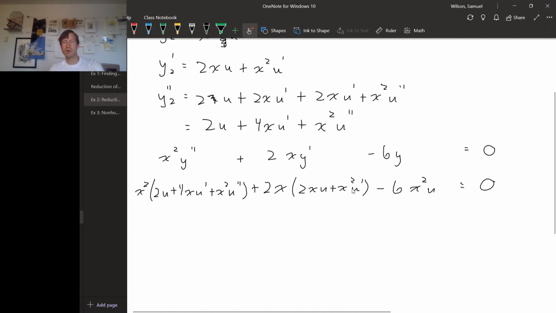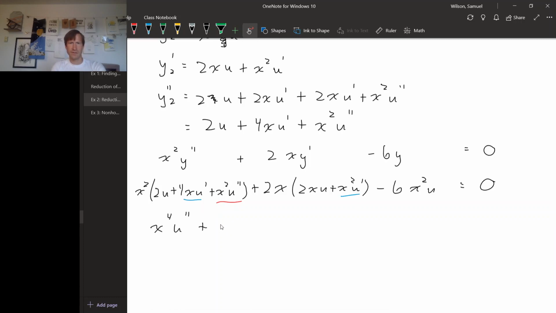Now let's gather up all of our u double prime terms. There's just one of them right here: x to the fourth u double prime. Now let's gather up our u prime terms. There's one here and one here.